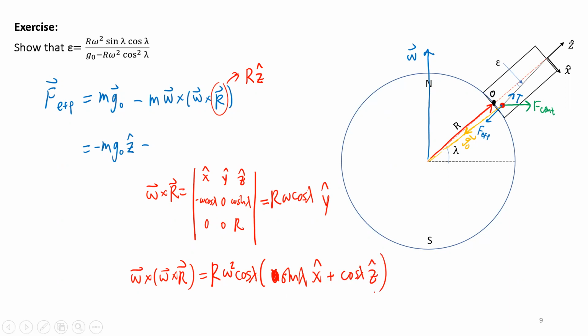Like this. Okay, so therefore, now you can see that I have actually a minus here. I have the first term only have the z component, right? And then I have the second term which has both x component and the z component.